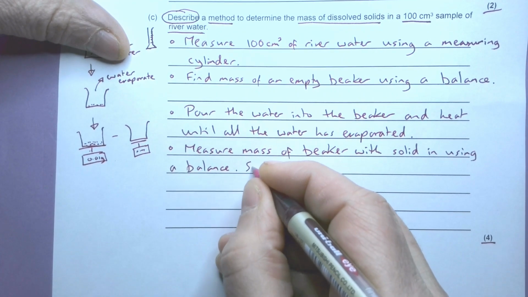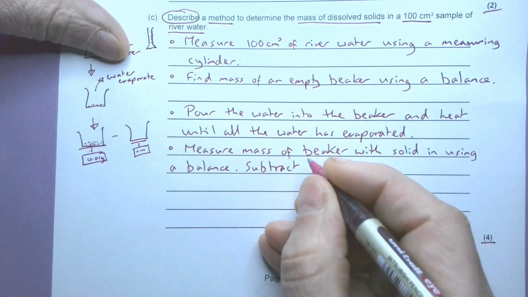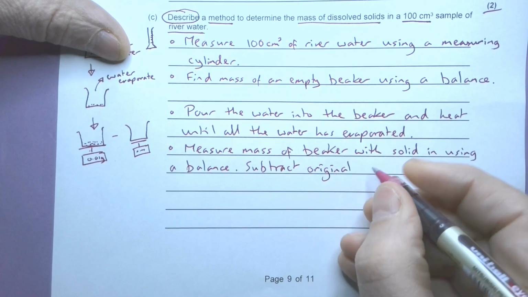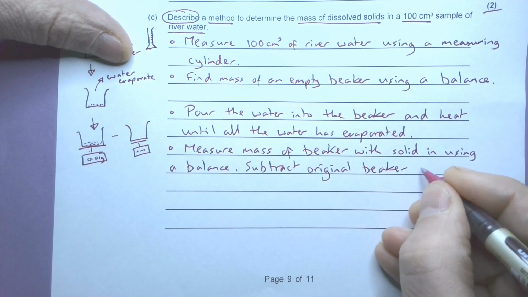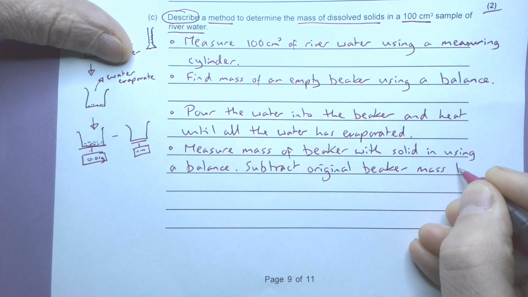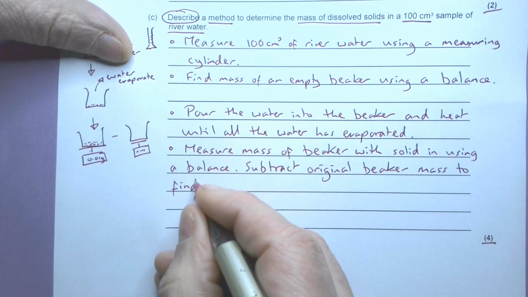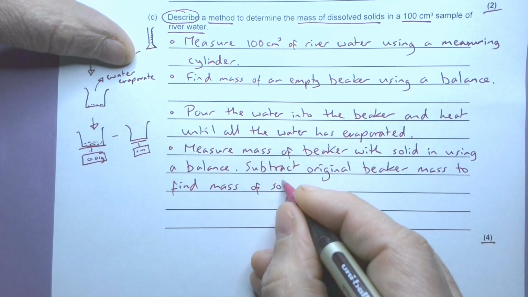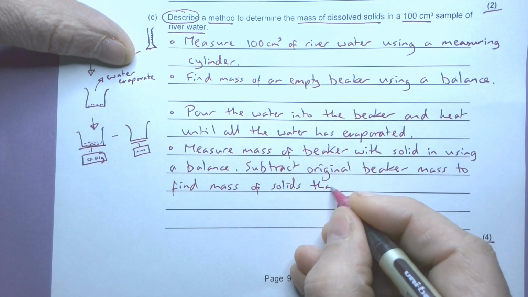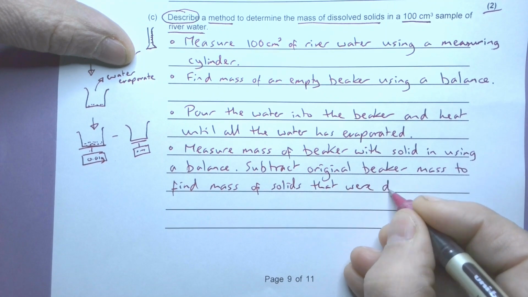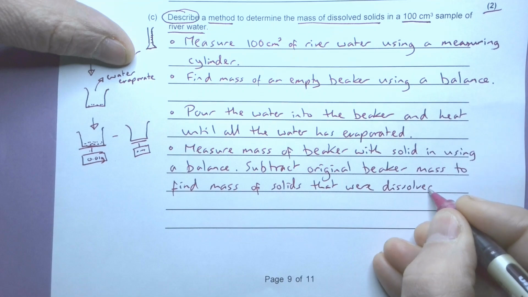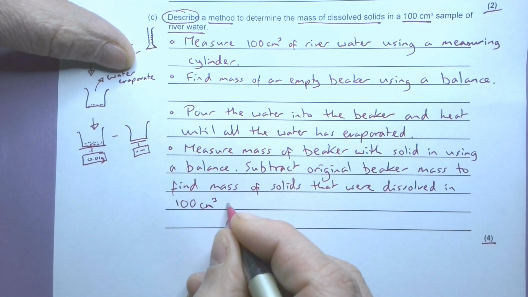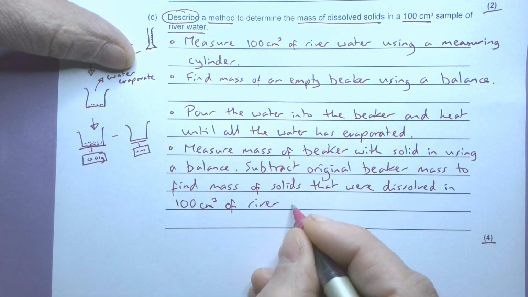I'm going to subtract the original beaker mass to find the mass of solids that were dissolved, and obviously they're not anymore, in 100 centimeters cubed of river water.